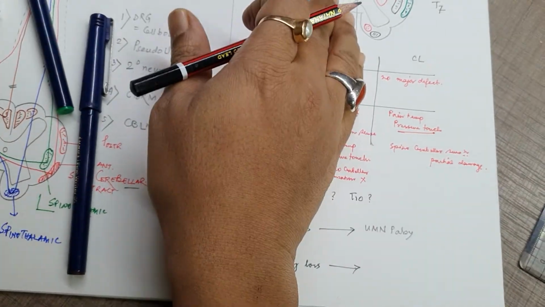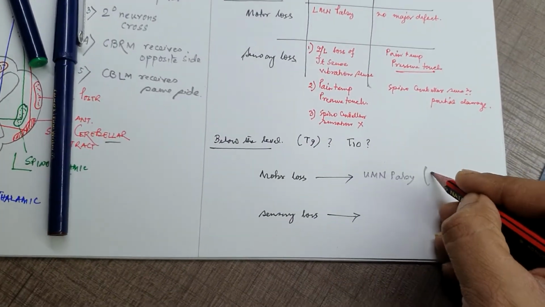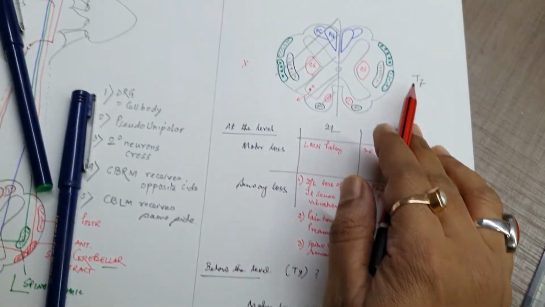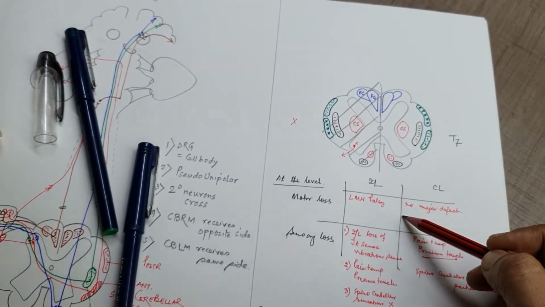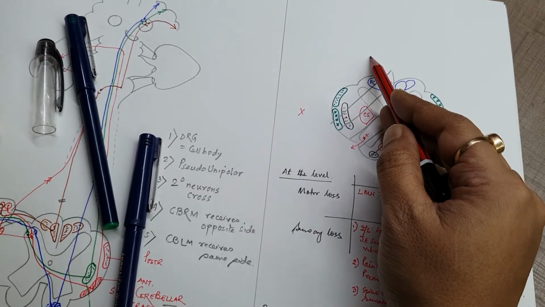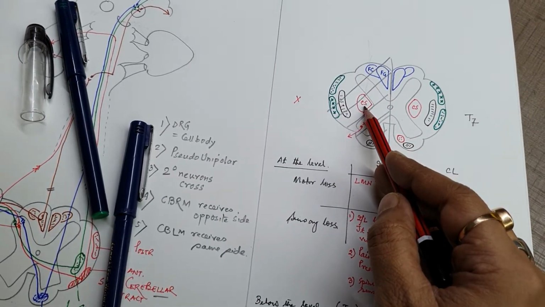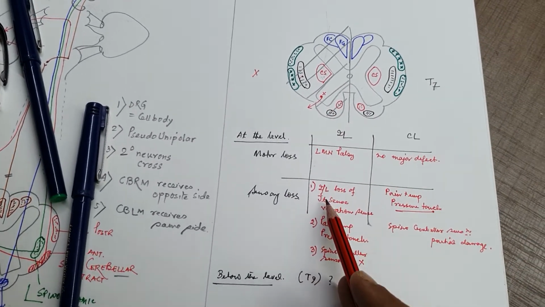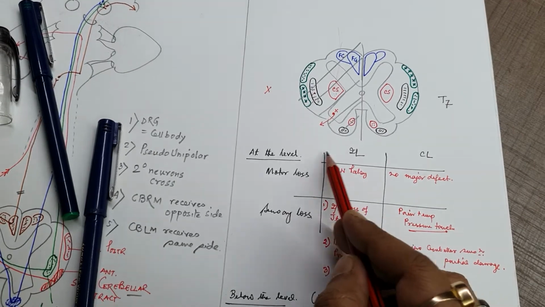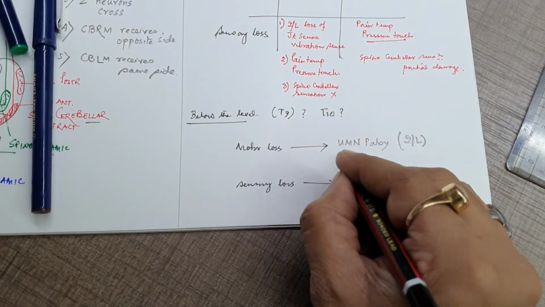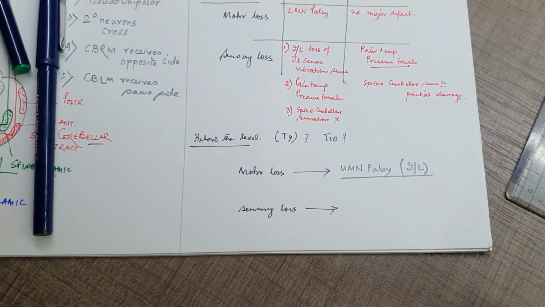Of which side? Ipsilateral. There is no damage to the opposite side because these fibers will definitely pass. Here the passing fibers would pass from the T7 segment to the T9, T10 segments. So these fibers are lost. So upper motor neuron palsy of the ipsilateral side.